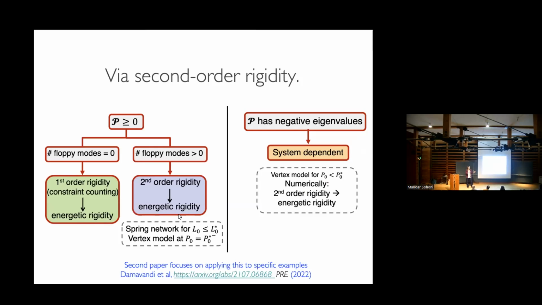Okay, so that's cool. So that means there's this whole class, and actually Chris Santangelo showed that it also is true for origami a few years back. So there's this whole class of what I would think of as mechanical metamaterials that become rigid due to second order rigidity. And I would argue we know very little about that mechanics, but it shows up in a lot of problems we care about.